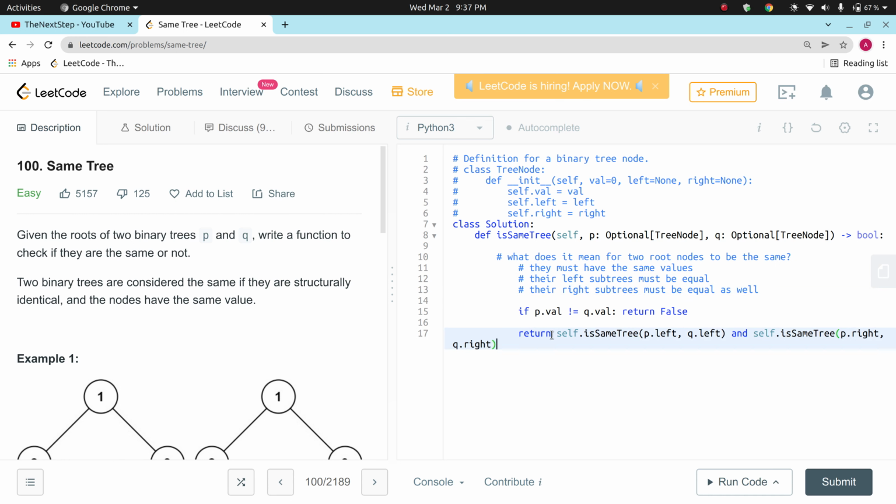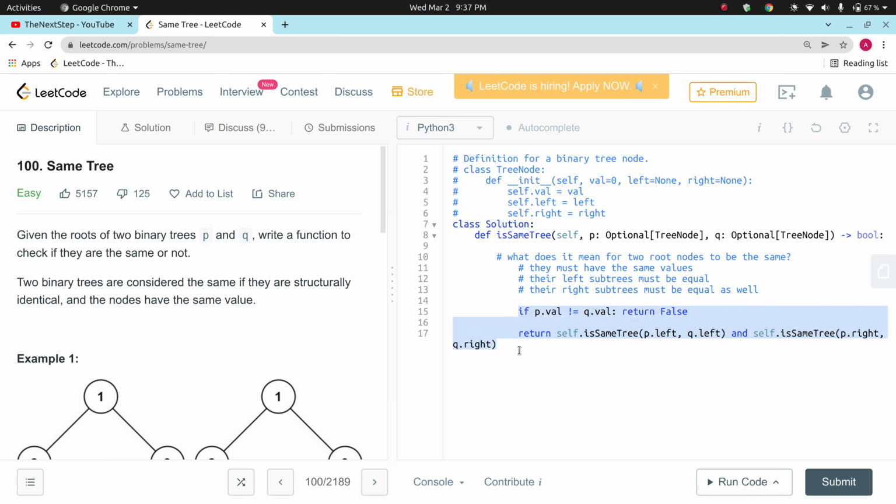If this condition is true, looking at it from the vantage point of the root node, yes, they are the same trees, because both P and Q have the same values at the root node, and both P and Q have the same left and the right subtrees. Alright, so that's why they are the same trees.